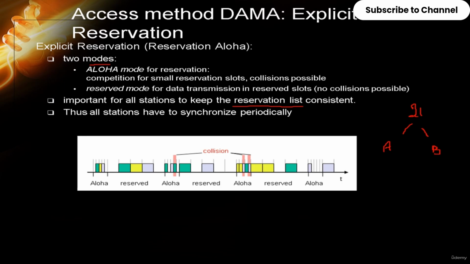So the reservation list should be kept precise. For example, A can have seat number 21 and B can have some other seat, say 31. It should be consistent between the sender and receiver. Thus all stations have to synchronize periodically in order to have the reservations without collision.